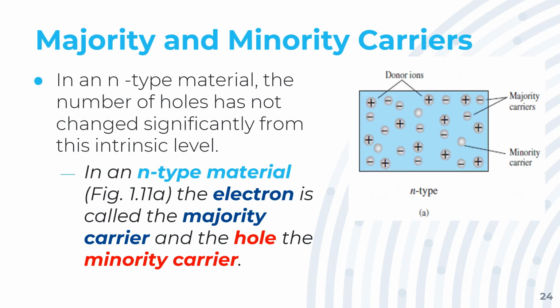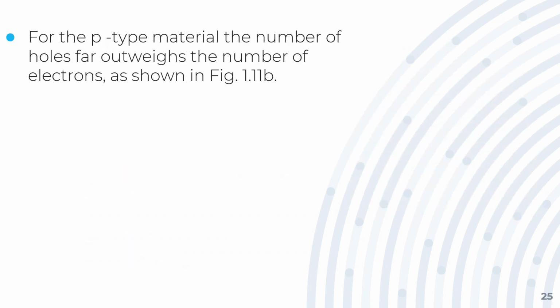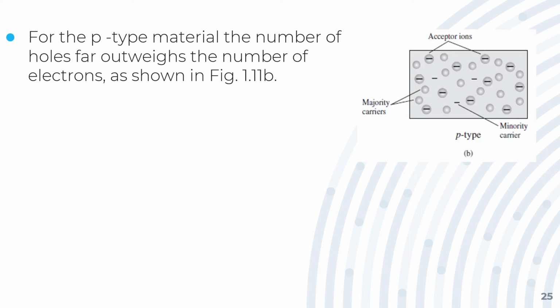So kung titignan natin yung figure 1.11a, makikita natin na yung negative sign ay tinatawag na majority carriers, yung electron, at yung mga positive, yung mga hole ay minority carrier. Makikita natin na meron din positive sign, meaning sila yung mga donor ions. For the p-type material, the number of holes far outweighs the number of electrons as shown in figure 1.11b.